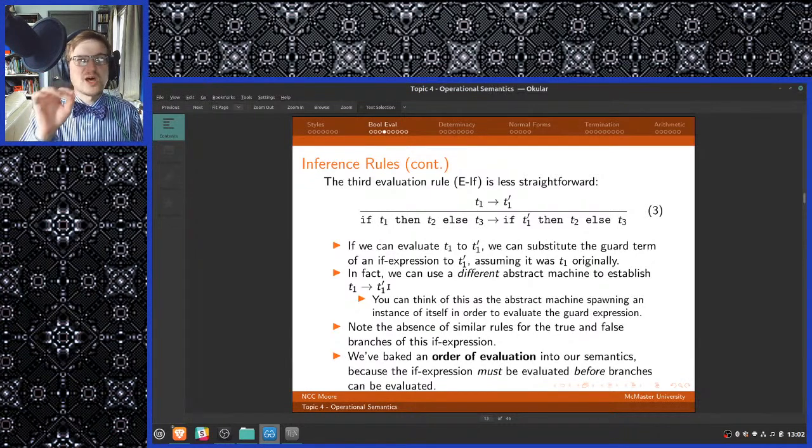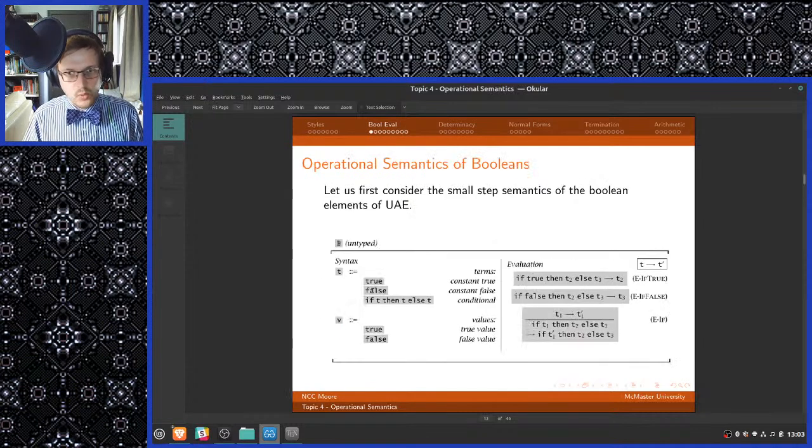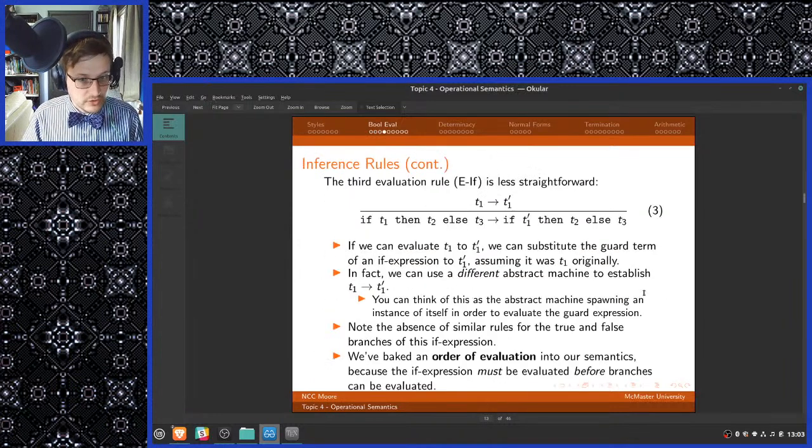Remember, we're dealing with small step semantics, right? Under small step semantics, this arrow always means one step towards the value, or one step of evaluation. For Booleans, what it actually means is one application of one of these three rules, and nothing else. That's a very good question. Very good to establish that.